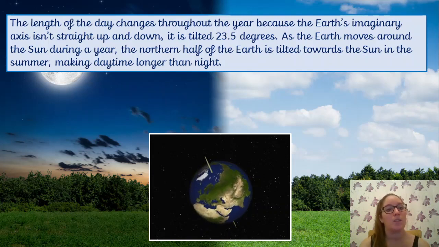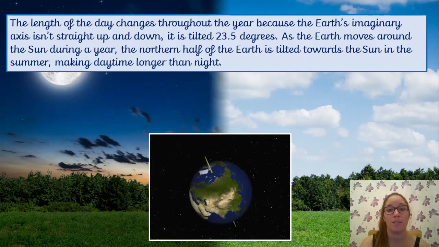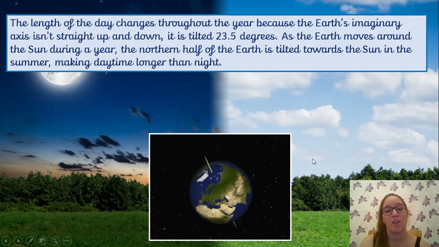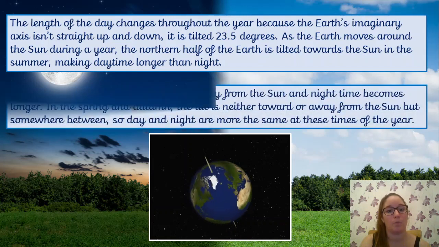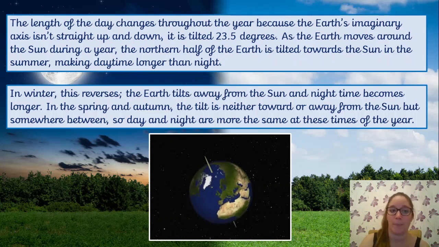As the Earth moves around the Sun during a year, the northern half of the Earth, so that was from the equator up until the North Pole, the northern hemisphere, is tilted towards the Sun in the summer, which made the daytime longer than the nighttime. And then if we reverse it, in winter, the Earth tilts away from the Sun, and then the nighttime becomes longer, and the daytimes become shorter.